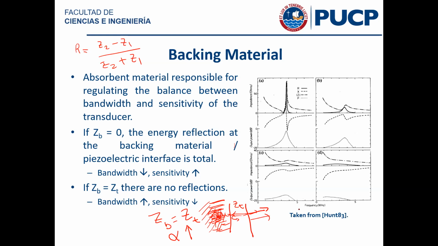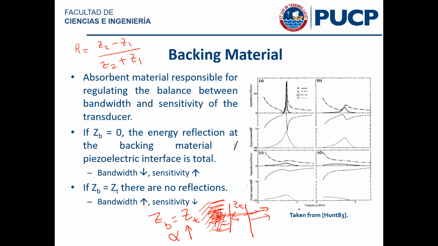So the transducer would have that weird ability of producing every frequency with the same strength. The problem is that because everything that goes to the back gets dissipated, the amount of energy that is transmitted is very weak too, because a lot of the energy is absorbed in the backing material anyway.